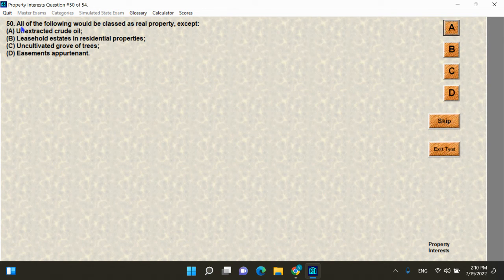Number 50. All of the following would be classed as real property except A. Unextracted crude oil. B. Leasehold estate in residential property. C. Uncut growing trees. D. Easement appurtenance.